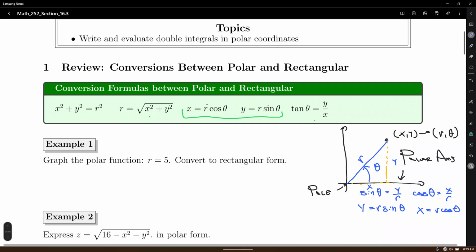That's pretty much all you need to remember from calculus. These r sine theta and r cosine theta are a result of doing SOHCAHTOA on a right triangle created by how we go from the pole to the point in question.